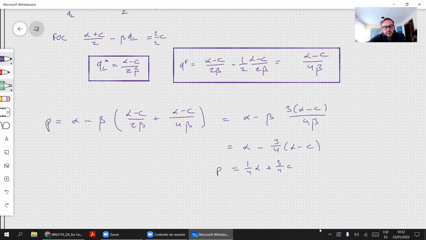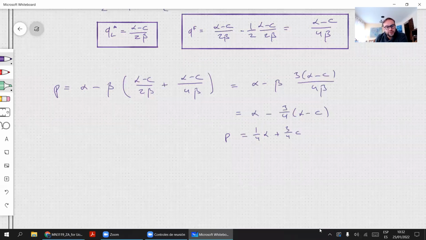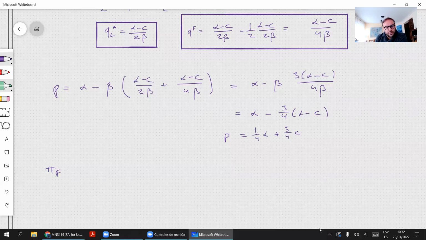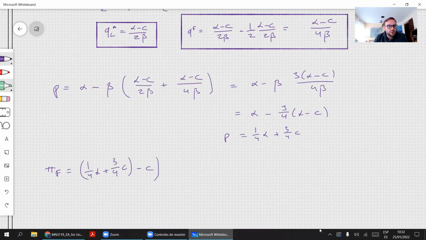And then the profit for the follower is 1/4 of alpha plus 3/4 of C. So this is the price minus the cost, times whatever I'm producing, and I'm producing alpha minus C over 4 beta.